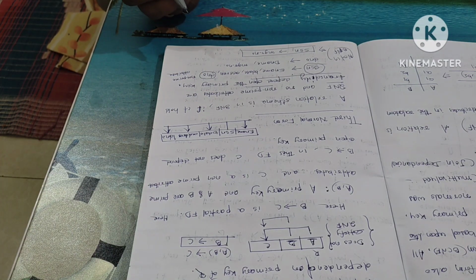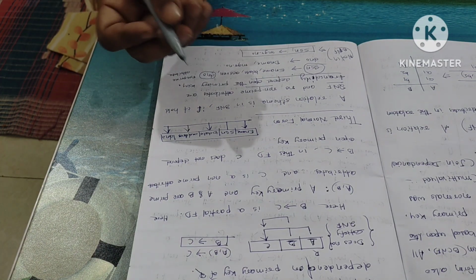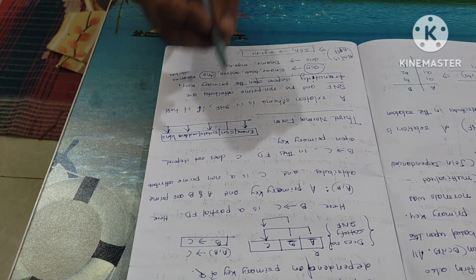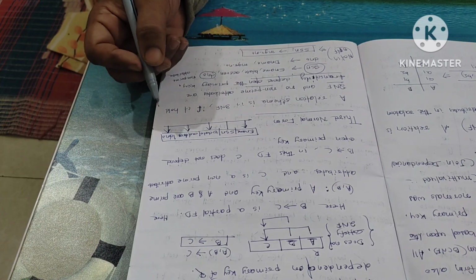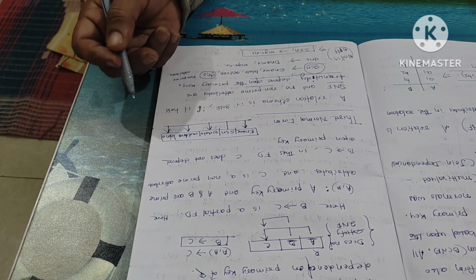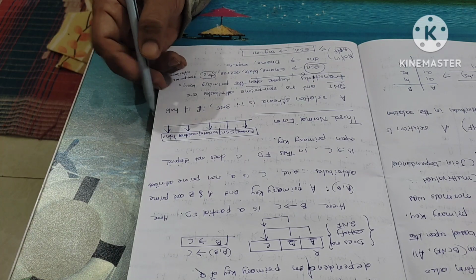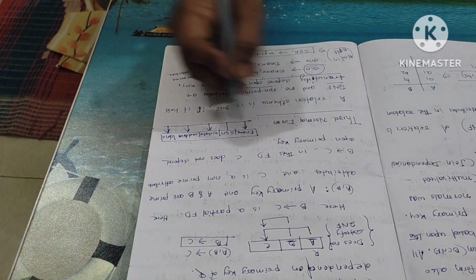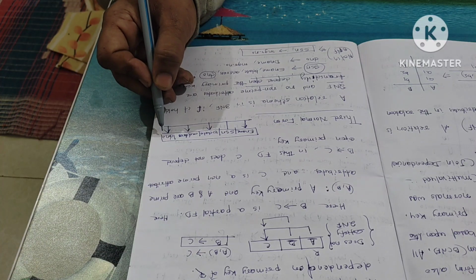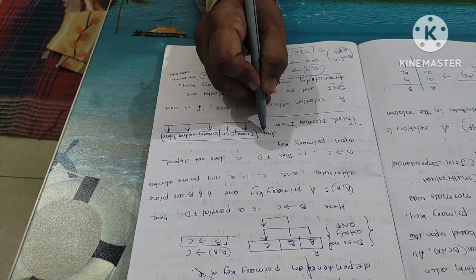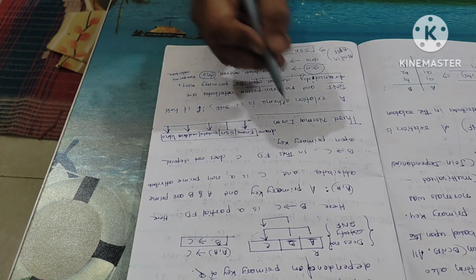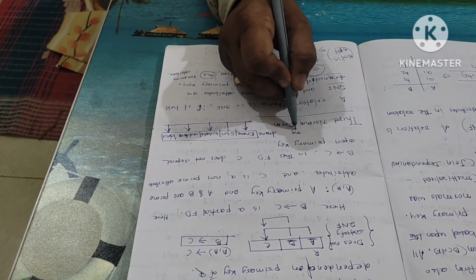Secondly, we have one more dependency relation, which we can continue with. This is department number, department name, and manager number.